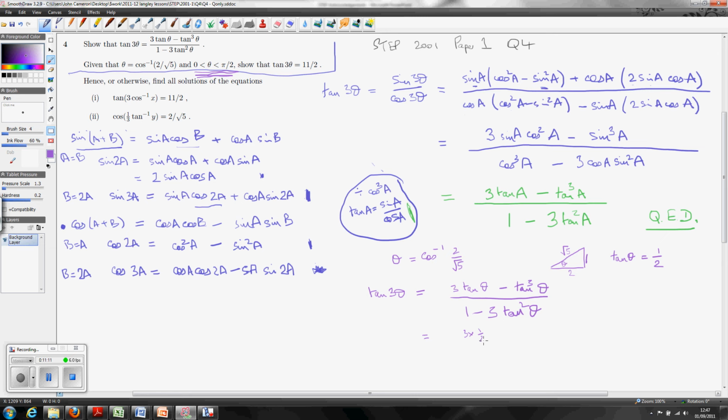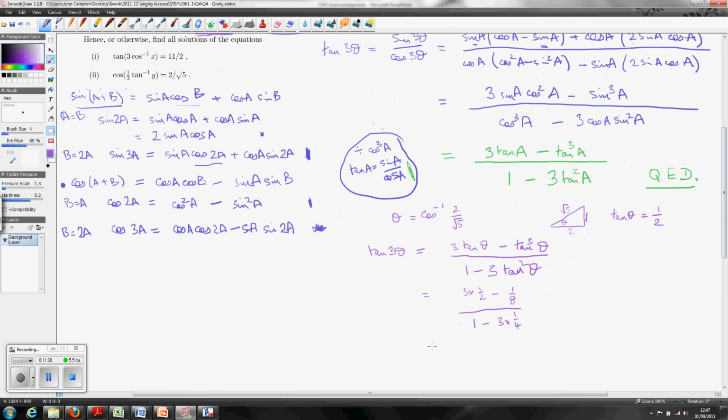a half minus a half cubed, which is an 8, divided by 1 minus 3 times tan squared theta, which is the square of a half, which is a quarter. Okay, and here we need just a little more space.